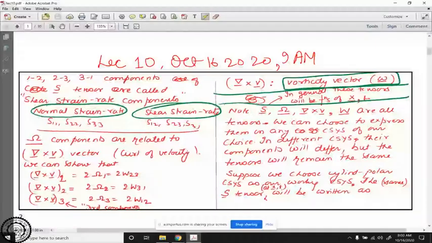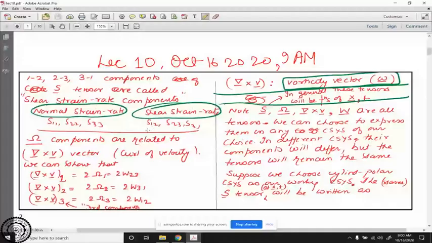All right. So towards the end of the previous class, I was telling you that some of the components of the strain rate tensor are called normal components or normal strain rates, and the other components are called shear strain rate. So 1,2, 2,3, and 3,1 are called shear strain rate components when the indices are different. And of course, strain rate is a symmetric tensor.